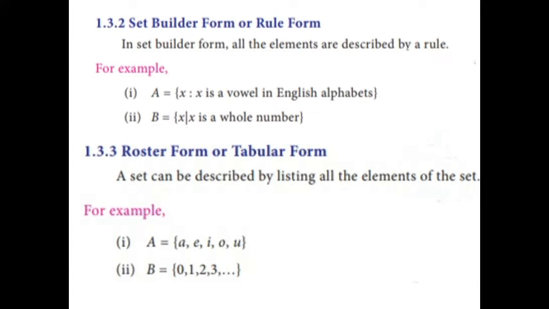These are the elements of that set A. Next is B equals the set {0, 1, 2, 3, ...}. These are the whole numbers. When we list all the elements of the set, it is said to be in the roster form.